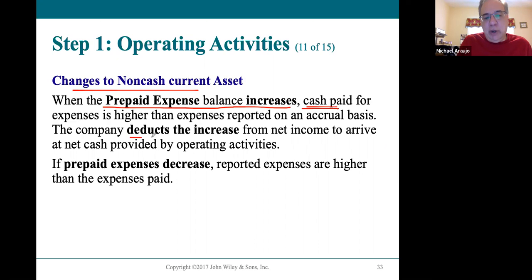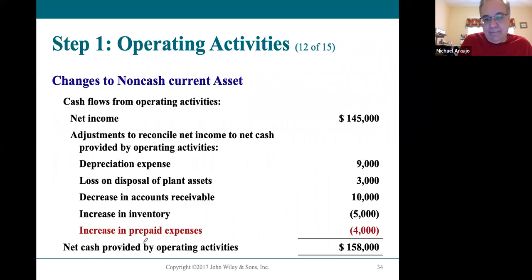And so we're going to deduct that increase from the cash flow statement. But if our prepaid expenses went down, that's a different story. So an increase in prepaid expense means that we probably had to use cash to do it. So we would take that cash out of the cash flow.